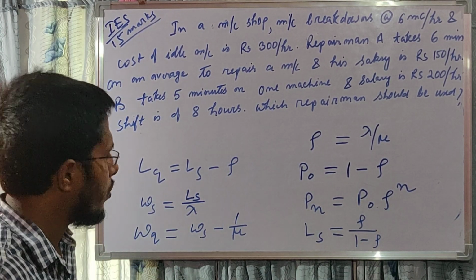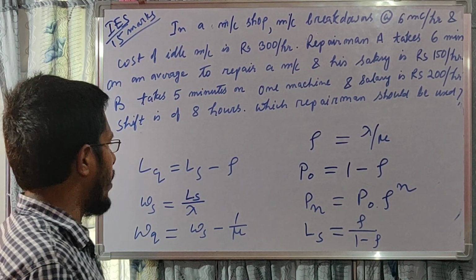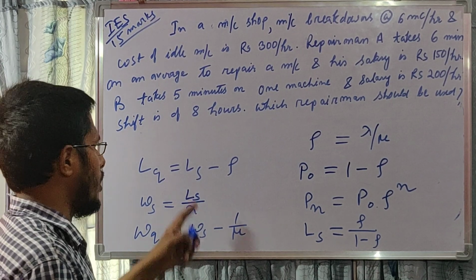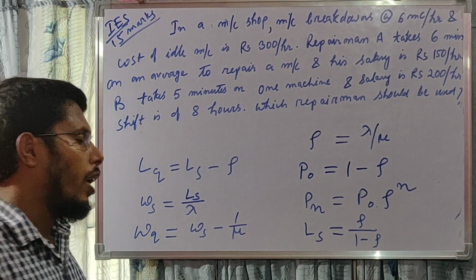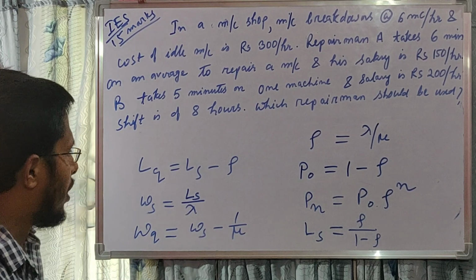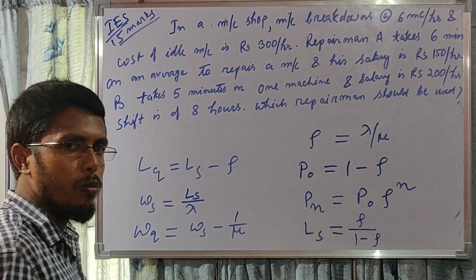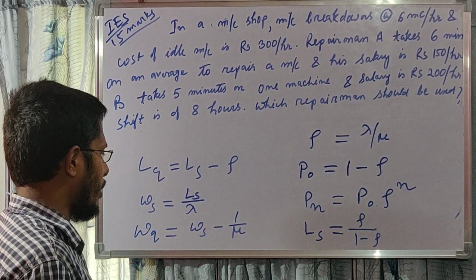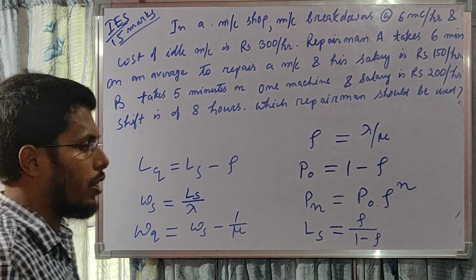Then LQ is the average number of customers in the queue. It is given by this formula. Then average waiting time in the system is given by this formula, and average waiting time in the queue is given by this formula.